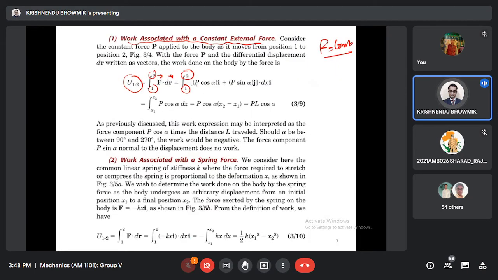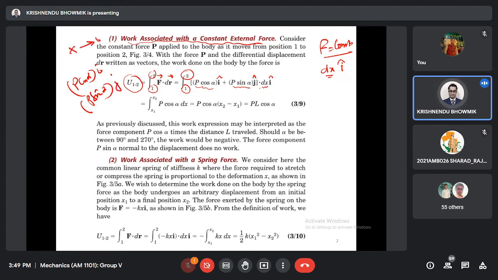So it will be P cosine alpha multiplied by i plus P sine alpha multiplied by j, dot product dx multiplied by i. So dx is the component multiplied by i to show the vector.